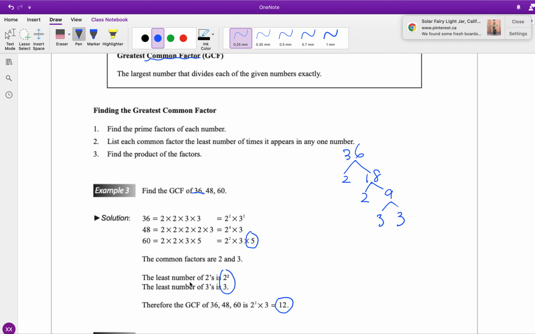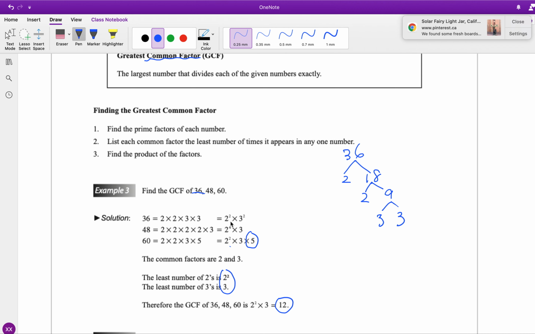So you're going to find the least power for 2 and 3. Because otherwise, if you say it's 2 to the power 4, this has no 2 to the power 4 as a factor. This has no 2 to the power 4 as a factor. Right? So if you say this is 3 to the power 2, but this has no 3 to the power 2, there's only one 3 here. Therefore, you pick 3 instead of 3 to the power 2.